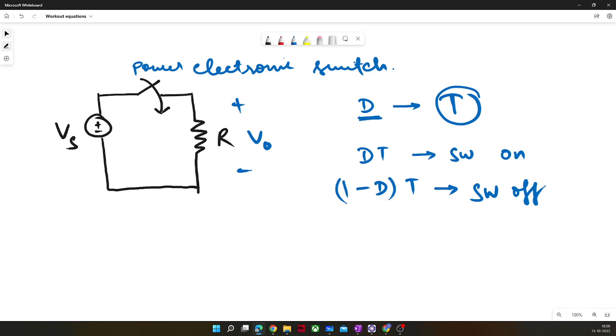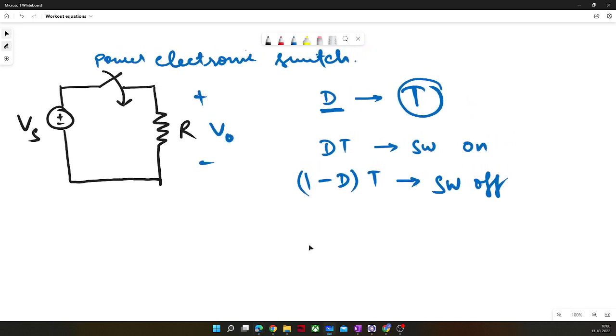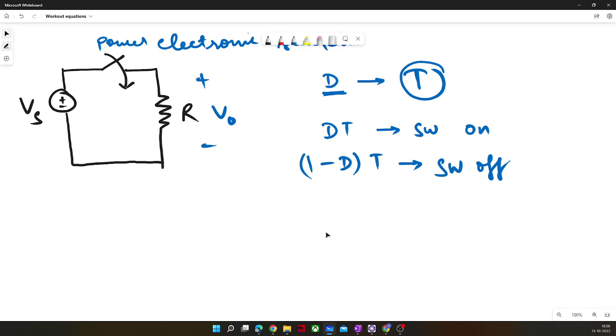Now, if I need to draw a waveform of V note, what would it look like? I will draw it here. This waveform is also common with a buck converter.